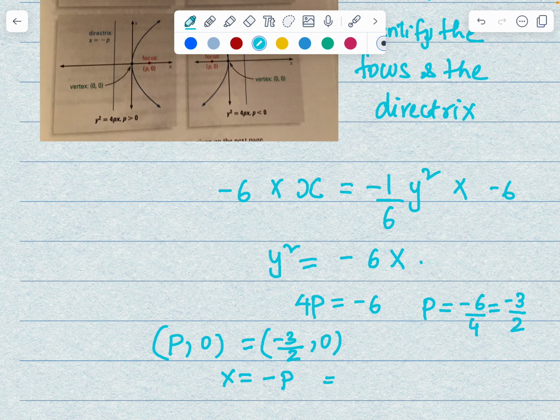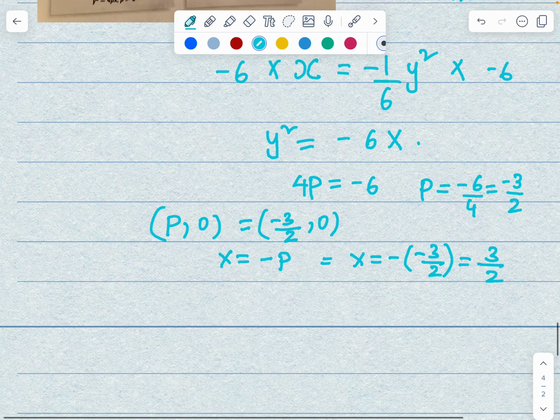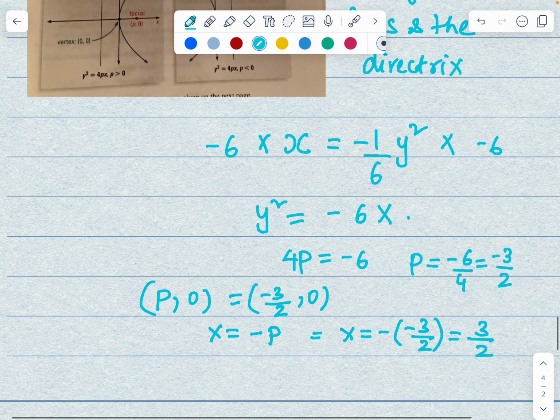So that means x is minus of -3/2, which is 3/2. Okay. So that's how you identify the focus and the directrix. And sometimes they may ask you to draw the parabola and you just have to draw it.